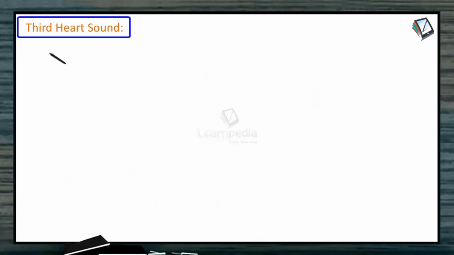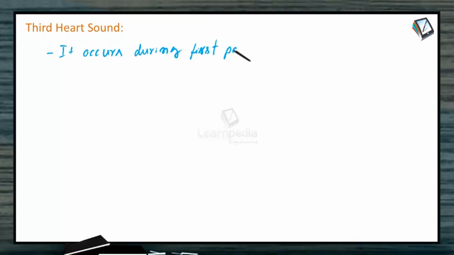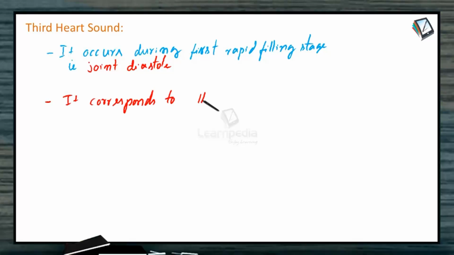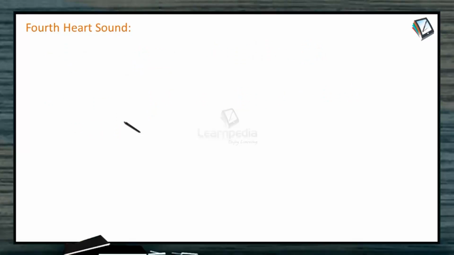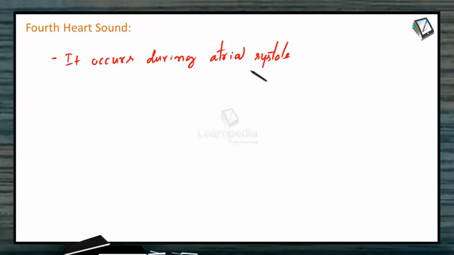Third heart sound. Generally, it occurs during the first rapid filling stage, that is during early diastole. It corresponds to the rapid filling of the ventricles. Then the fourth heart sound occurs during atrial systole, especially during the second rapid filling stage.